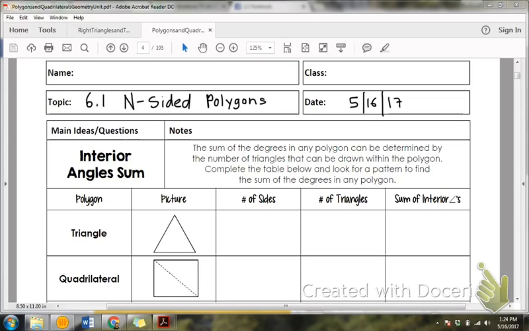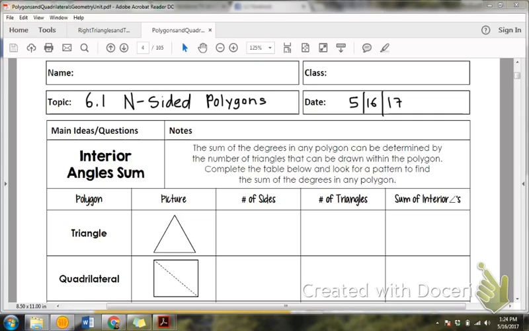All that it's saying is, if I said you have a 15-sided figure and you wanted to know what all of those angles added up to be, you would figure out how many triangles there were in there first. And how many degrees does a triangle always add up to be? So if you had two triangles in that shape, you would do 2 times 180. However many triangles you can draw times 180. So we'll do a couple examples.